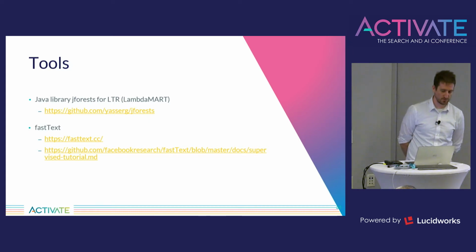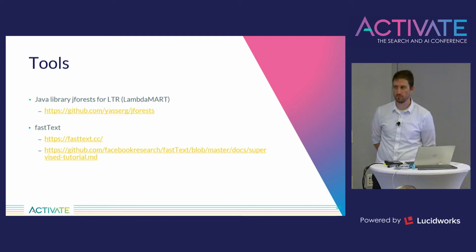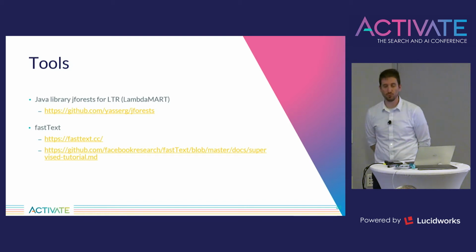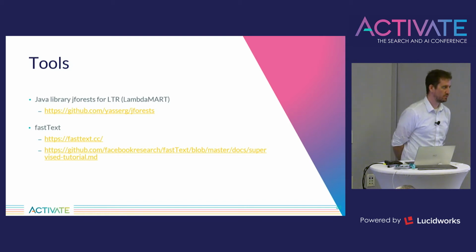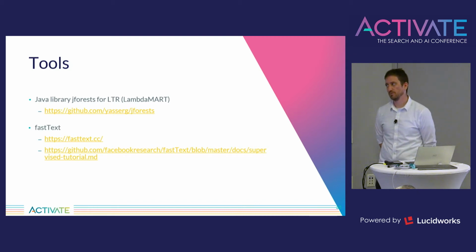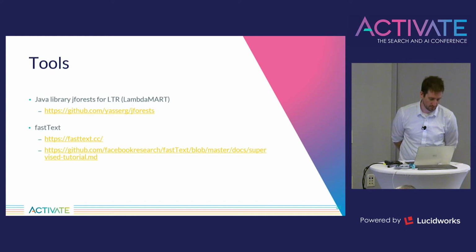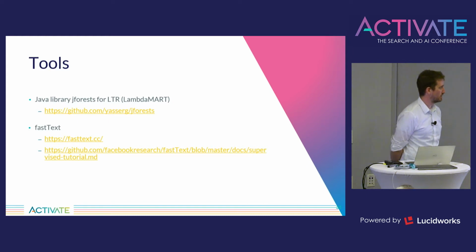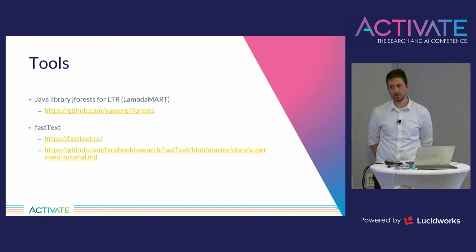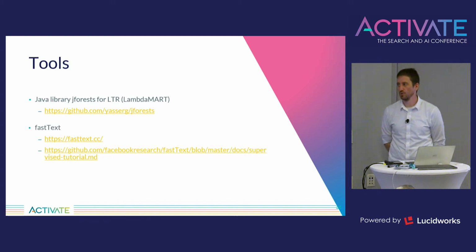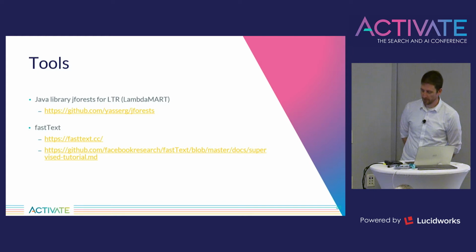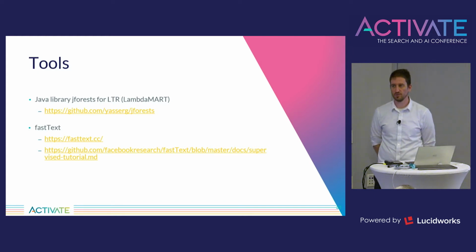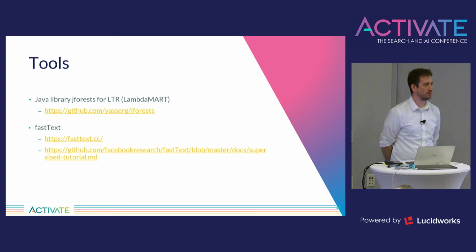In this situation, it was an environment where the choice of tool is fairly limited, but this one fit the bill and met the requirements really nicely. And fastText, which I touched on earlier, for doing the document classification. That bottom link on the fastText site walks you through using fastText for supervised classification, which was essentially what was done here.